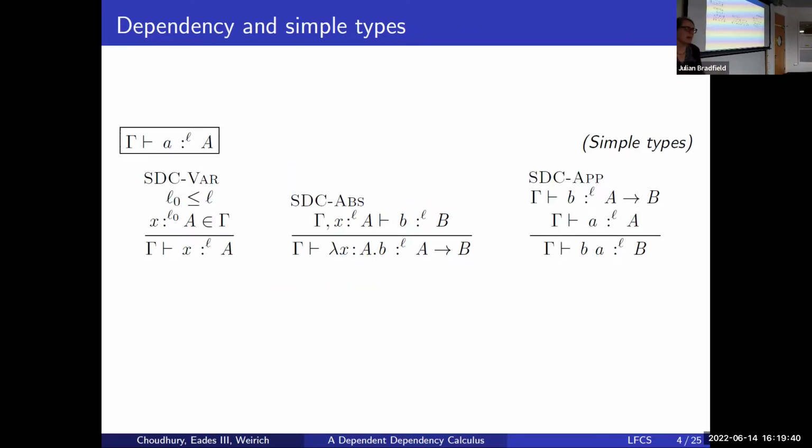As you can see, we have a label L, and it almost always is the same in these 3 rules. We're always checking at a particular level L, and the thing we're checking is just what the labels of the variables are. So any variable that we use has to be less than or equal to L. When we get to functions, we're going to be extending the context, but we don't really care about bound variables.